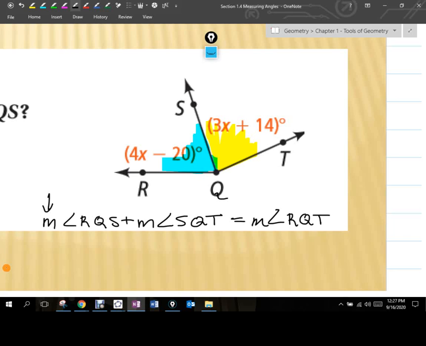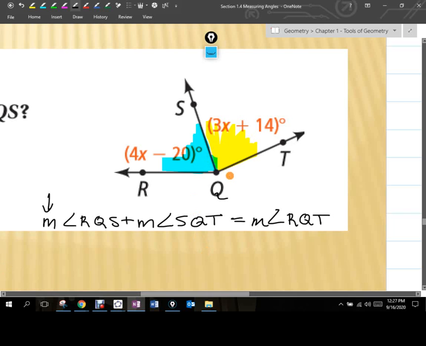That's comparable to a segment: if I want to talk about the shape, I put the bar over the top. If I want to talk about the segment's distance, I delete that bar. So this expression, 4x minus 20, is what the measure of RQS is. That's its degree.